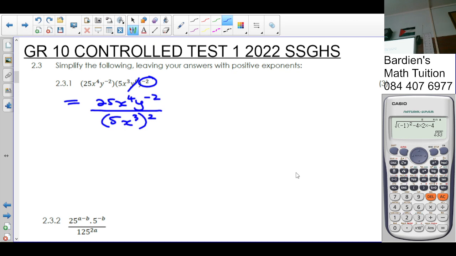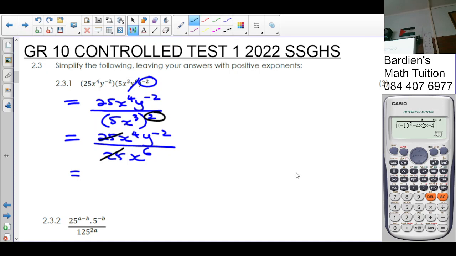So now I'm going to apply the square. So it's 25x to the 4 y to the negative 2 over, what is 5 squared? 25. x, 3 times 2 is 6. So what happens now? 25 cancels 25.